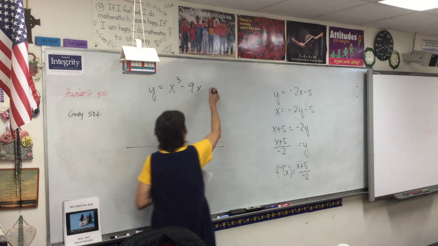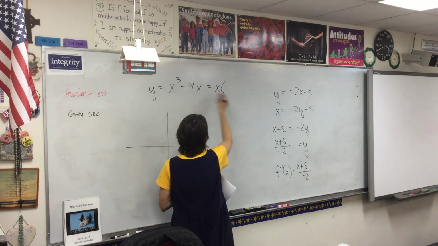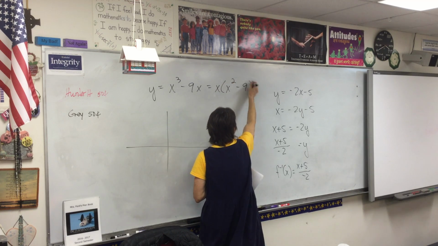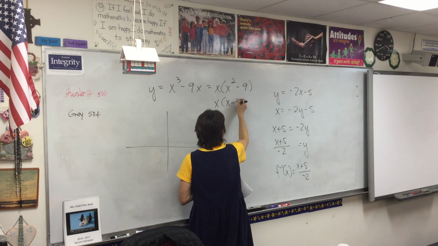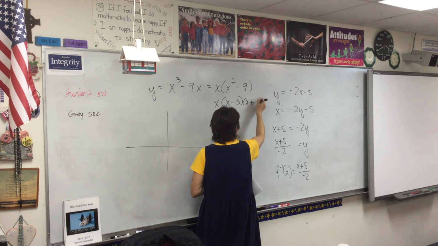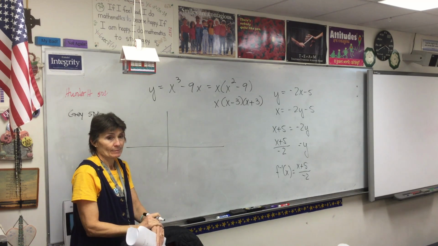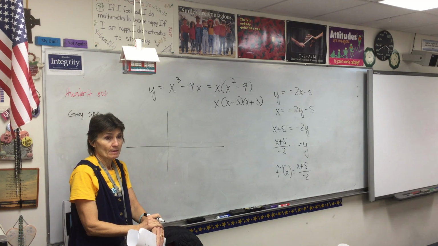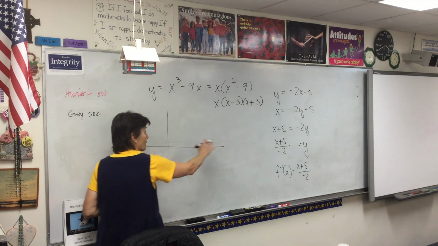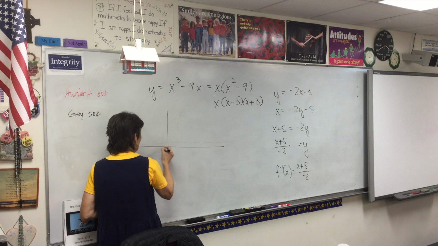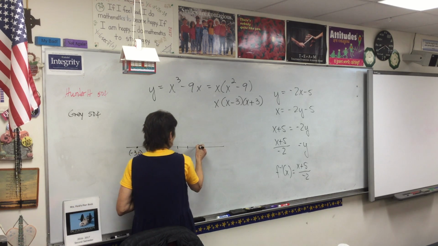X. So out comes the X. And then what would I be left with? X squared minus 9. Which factors, right? X minus 3, x plus 3. Right? So where are the dots on my x-axis now? Where are my zeros? At 0, at -3, and at +3.